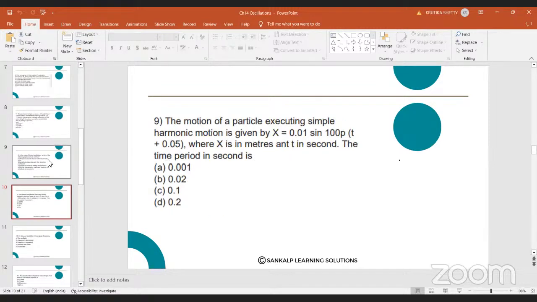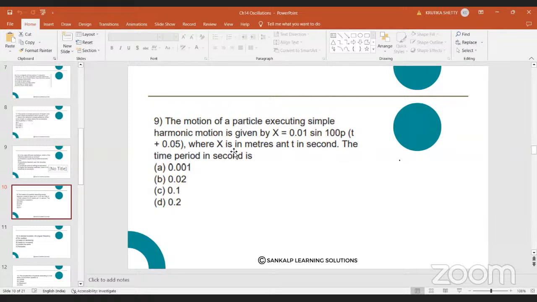The motion of a particle executing SHM, simple harmonic motion, is given by x is equal to 0.01 sine of 100 pi into bracket t plus 0.05, where x is in meter and t is in second. The time period in second is.